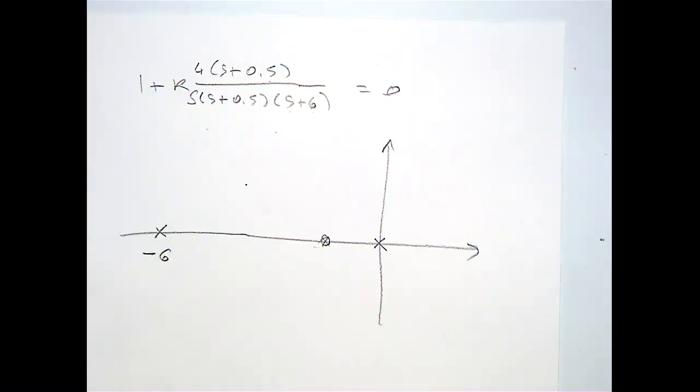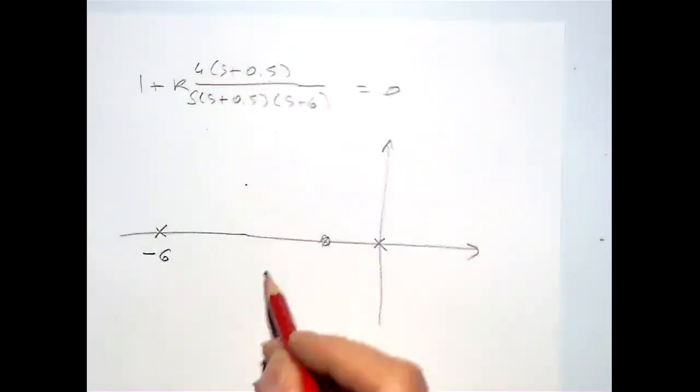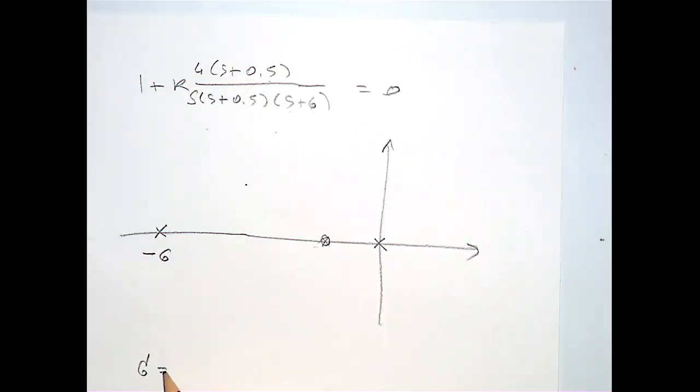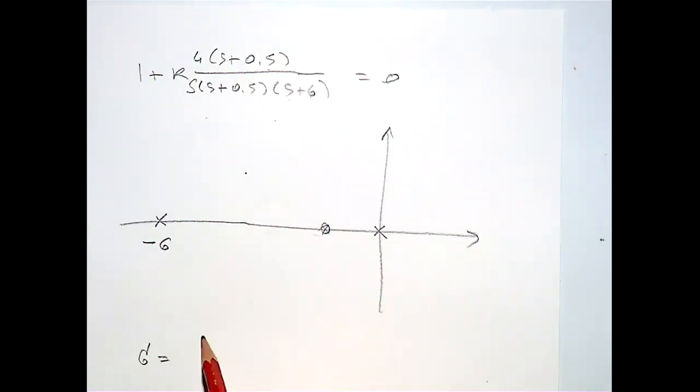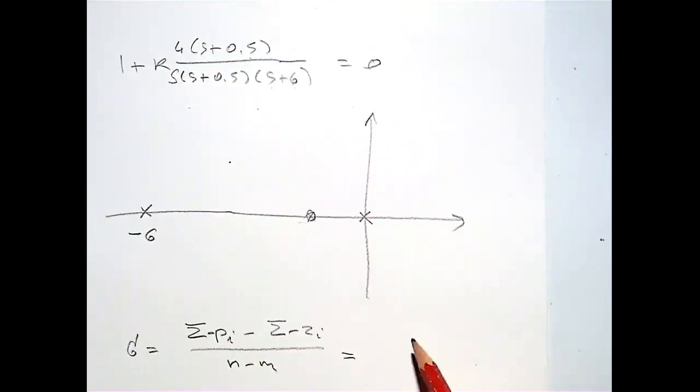Where would the asymptotes intersect the real axis? You remember the sigma, where asymptotes intersect the real axis, is sum of poles minus sum of zeros divided by n minus m, which is the relative degree. So what is the sum of poles?